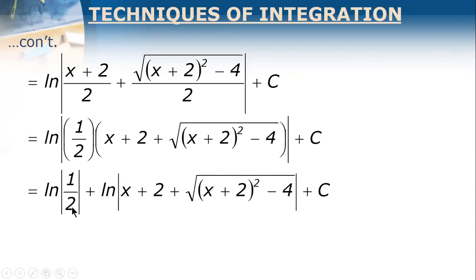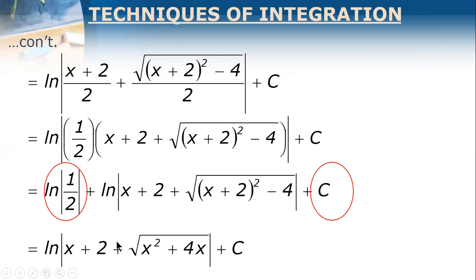And then a constant plus another constant combined is equal to a constant again. Okay, so this is our final answer.